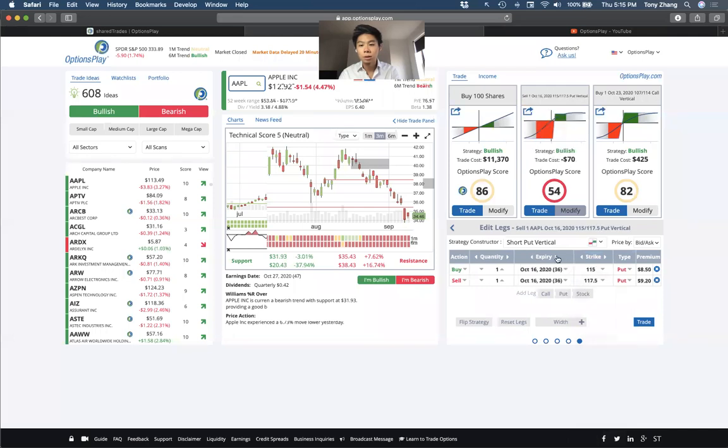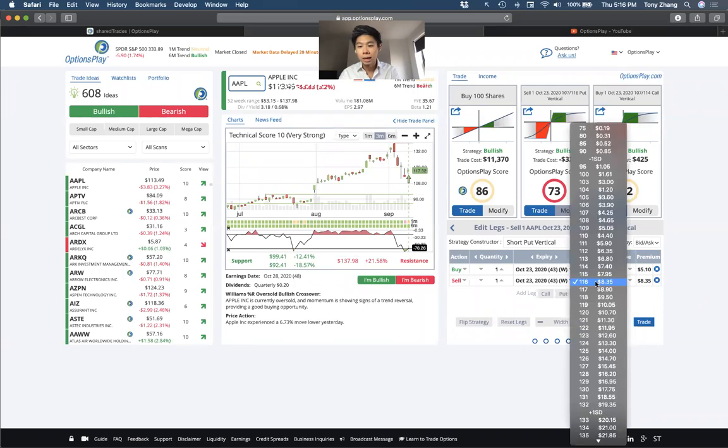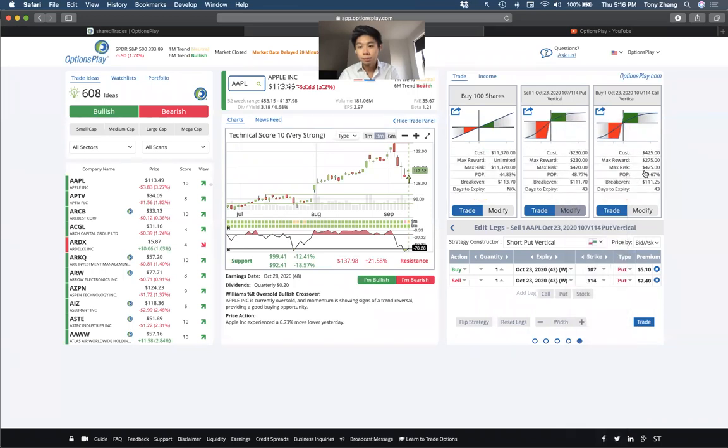I don't think you want to trade a call debit spread. If you want to trade something like this, you're better off selling the put credit spread, which gives you the exact same risk profile, as you can see here.